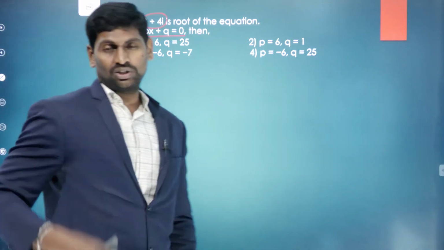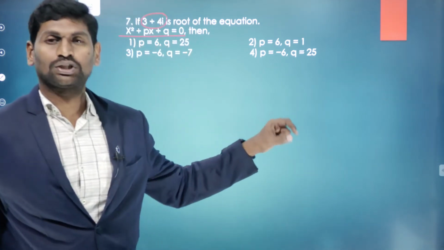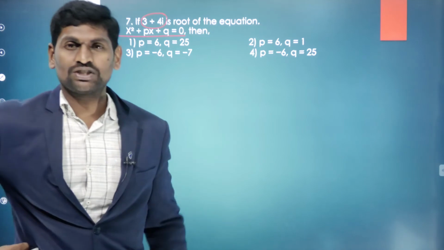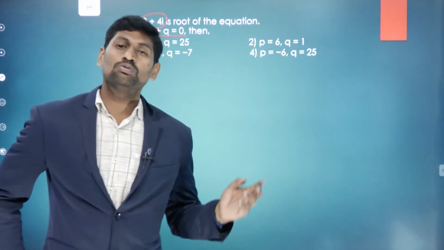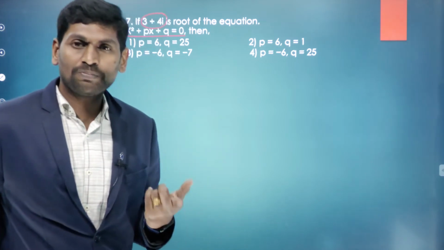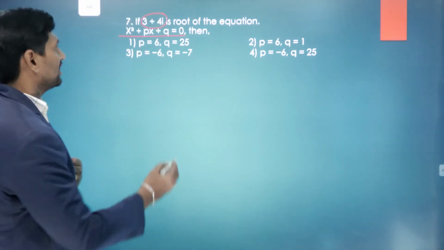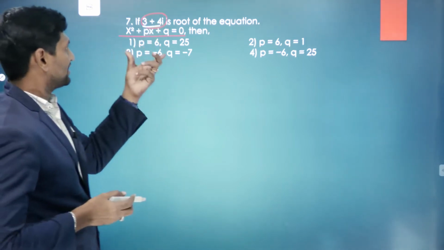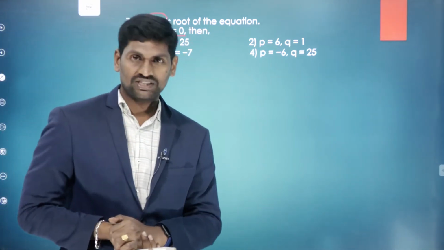Like the third question you observed, that means today's starting question, 2 plus i is one of the roots, or 2 minus i is one of the roots, then directly the second root we take as 2 plus i. Now see, 3 plus 4i is also in the same combination or same set of numbers.